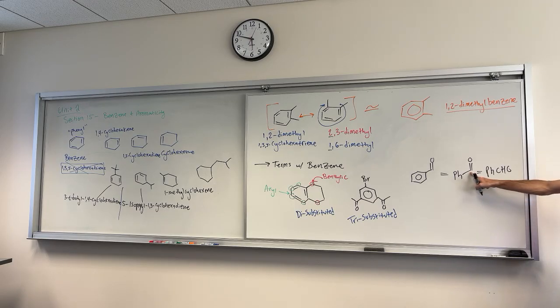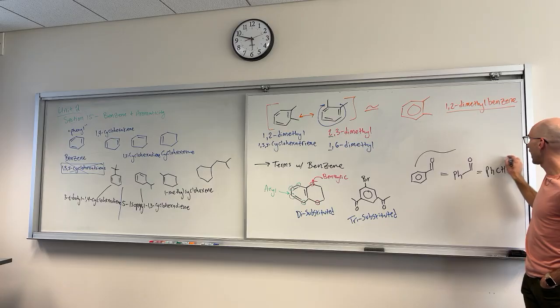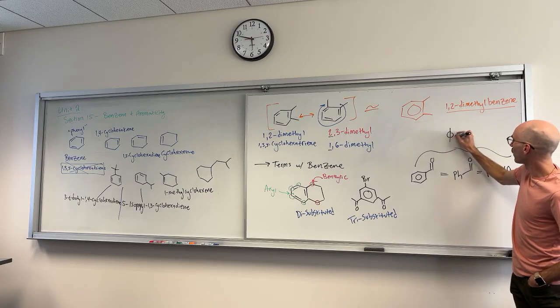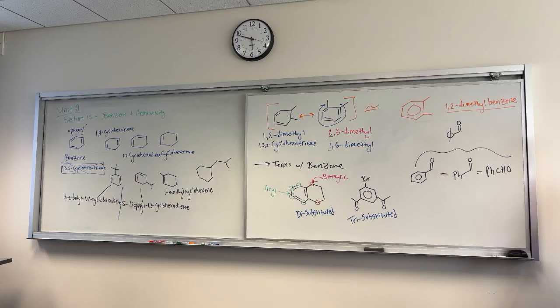Remember that we can abbreviate aldehydes as CHO. But you can also abbreviate that aromatic ring with the Greek letter phi because it looks like a circle. I don't necessarily recommend it.